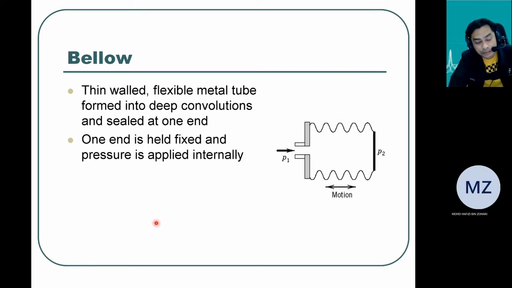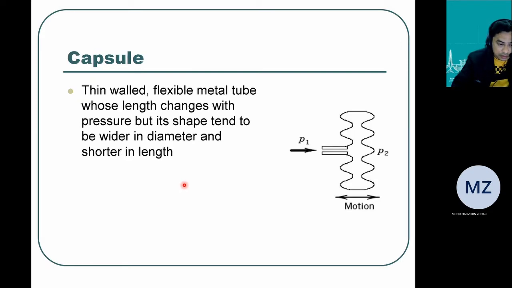That motion can be used to indicate the pressure, so more pressure will give more motion. Same concept as the capsule, but the difference is the shape of the flexible metal tube.